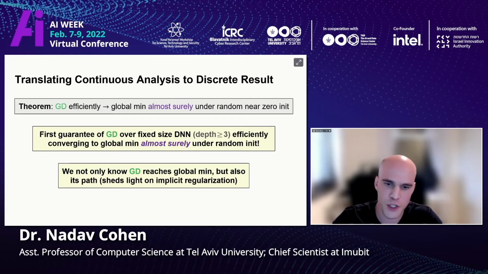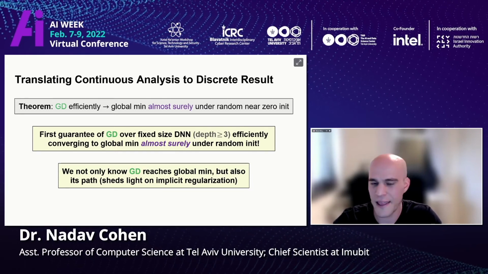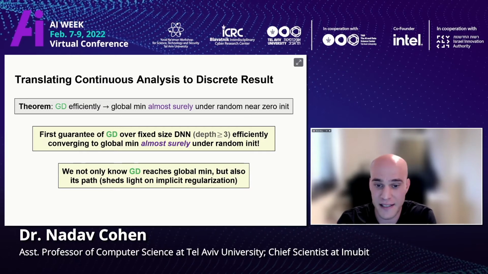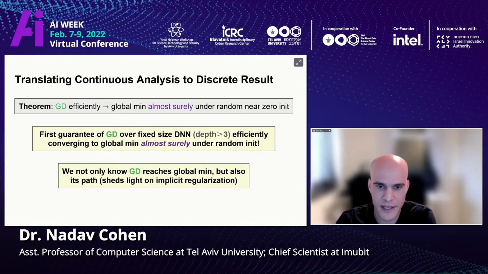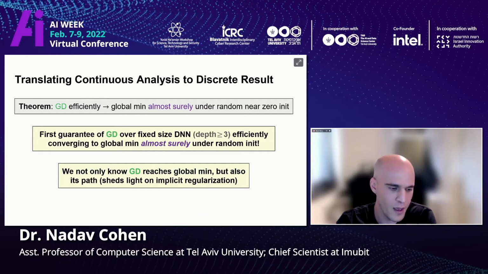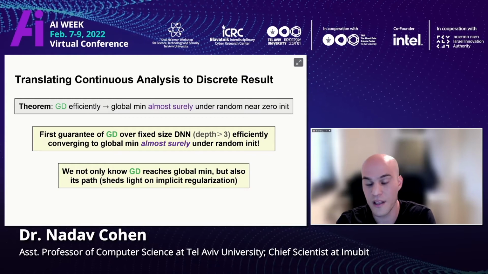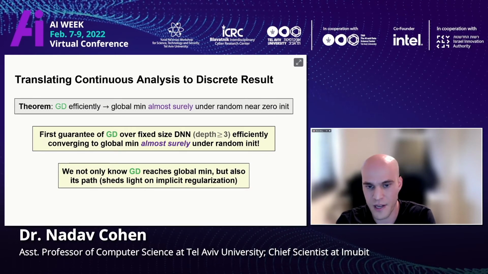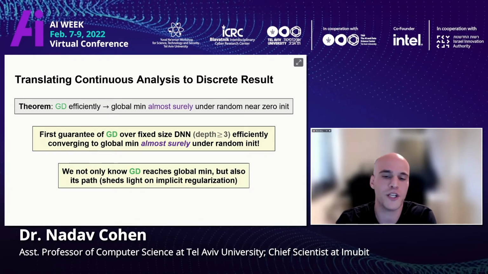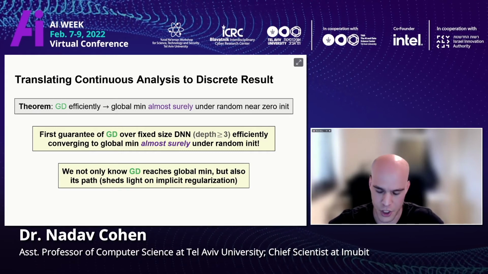We can show which path gradient flow takes, and that immediately means that gradient descent takes the same path. And so characterizations of this form have the potential to not only shed light on optimization, but also on implicit regularization. It's not just about reaching a solution, it's which solution you are going to reach.